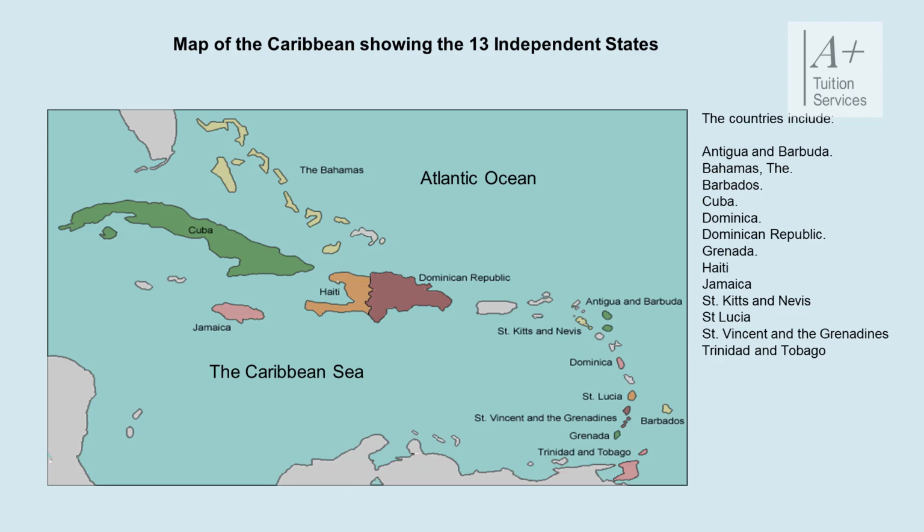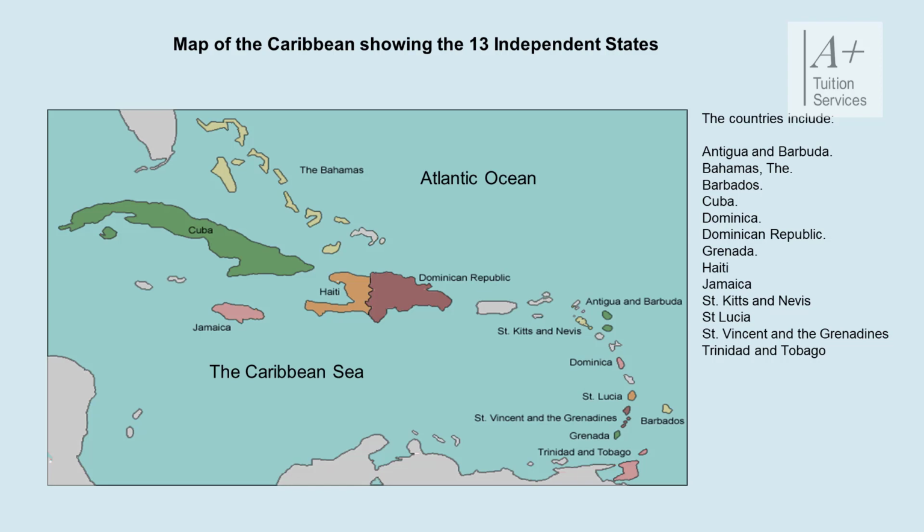So we're dealing with the 13 independent states, and as you can see on the map, it's located. The countries include Trinidad and Tobago, Grenada, St. Vincent and the Grenadines, Barbados. I'm reading from Trinidad and Tobago, going up. Then we have St. Lucia, Dominica, St. Kitts and Nevis, Antigua and Barbuda, Dominican Republic, Haiti, Cuba, Jamaica.